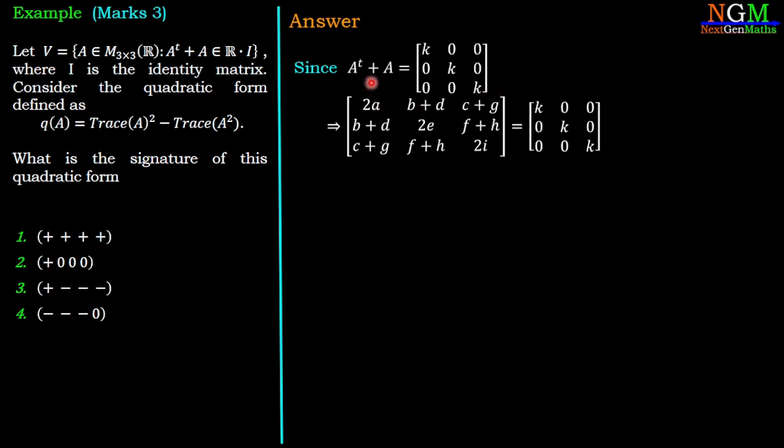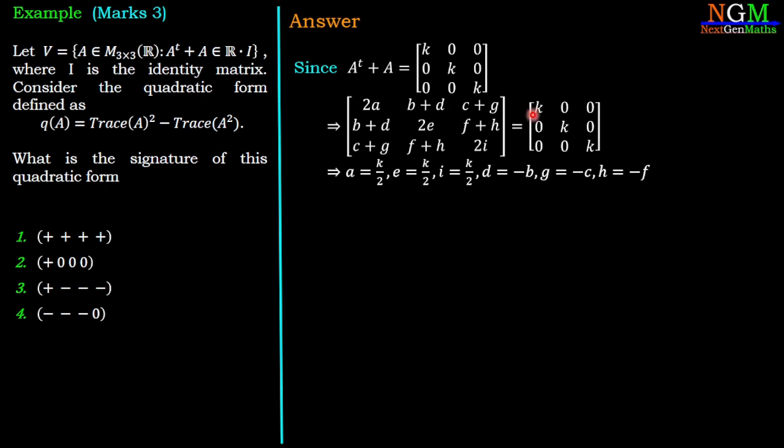So if we compare A plus A transpose with the scalar matrix K00, 0K0, 00K, we have 2a equal to K, so a equal to K by 2; 2e equal to K, so e equal to K by 2; and 2i equal to K, so i equal to K by 2.